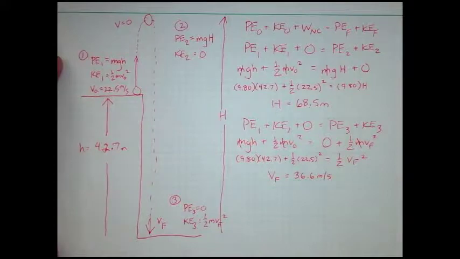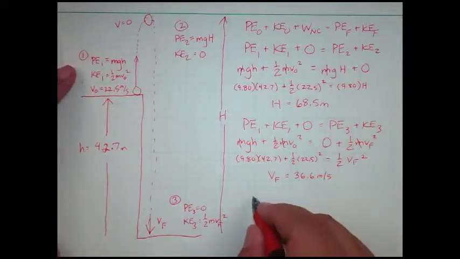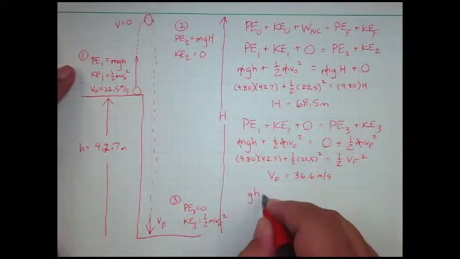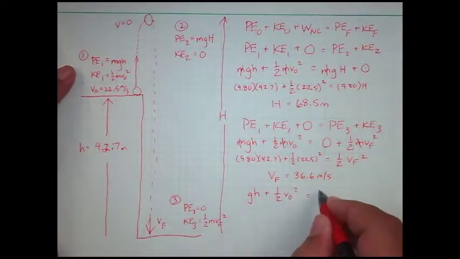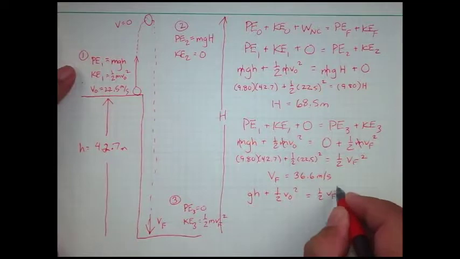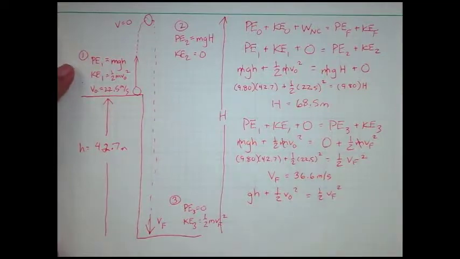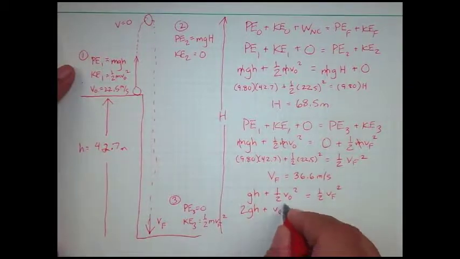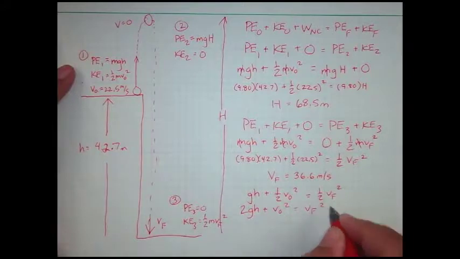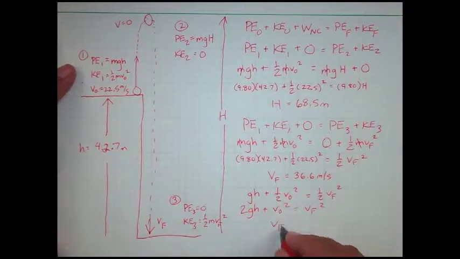One thing I want to call to your attention, writing out again the working equation above, we see this. We multiply through by 2 on both sides, we get this. And rearranging the equation a bit, we get this.